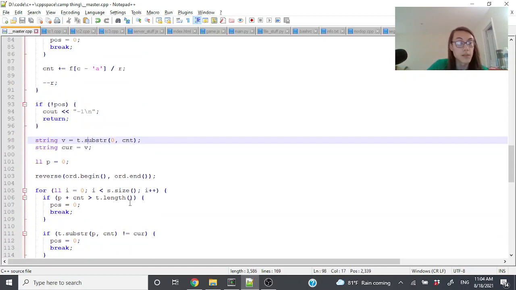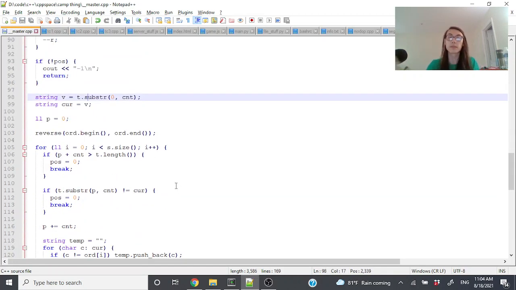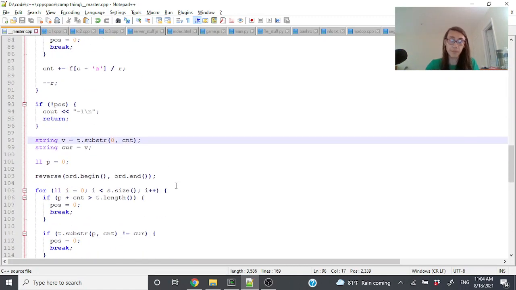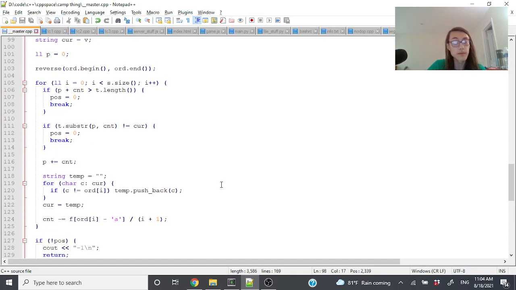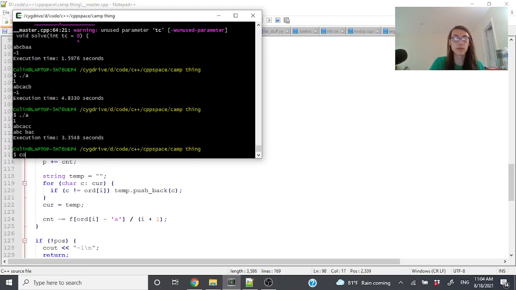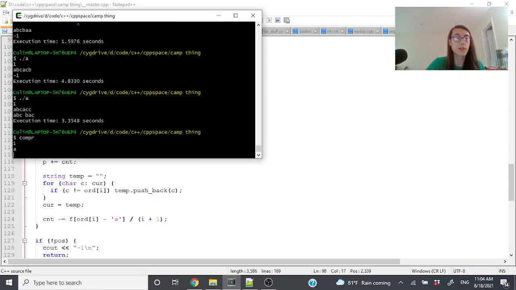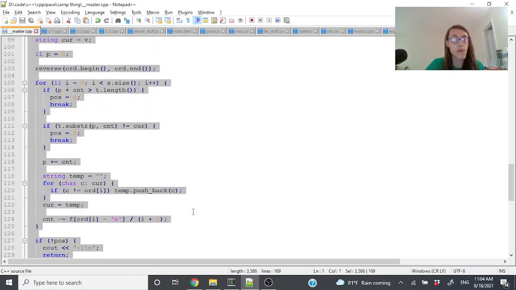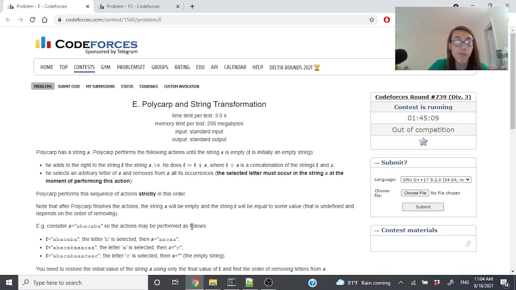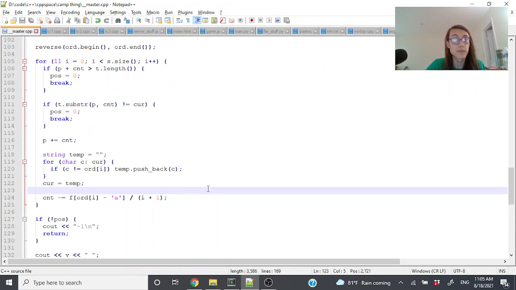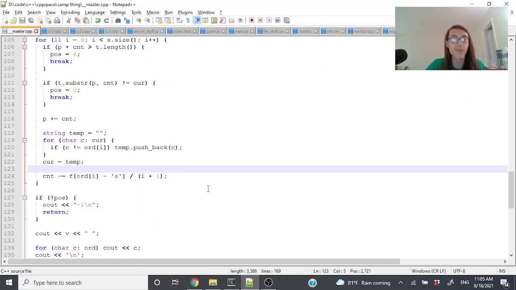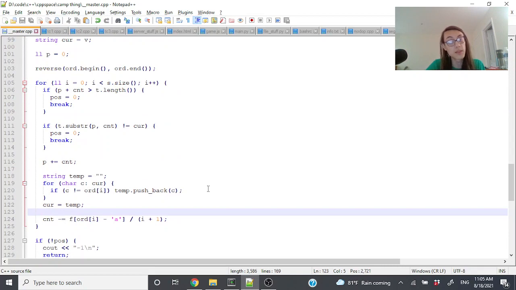So if not pos, do that, just to prevent some runtime errors. I'm just trying to make sure it's all good.